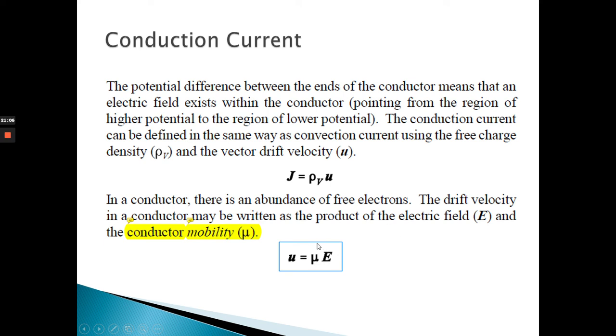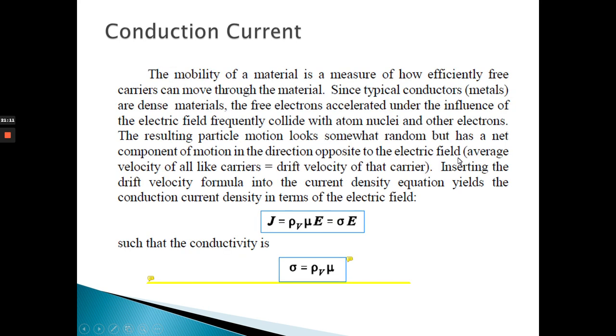So we put this here, and finally we get J is equal to rho v mu E, which is sigma E. This part, rho v mu, is sigma, the conductivity. So if you apply the conduction mobility with the charge density, you get the conductivity of any material.